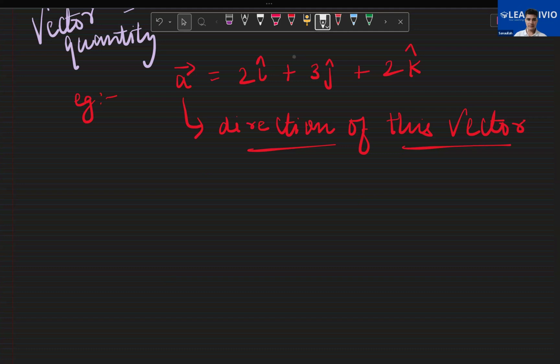Or like 2 by root 17, 3 by root 17, and again 2 by root 17. No, not 7 by root 17. It's 2 by root 17, 3 by root 17, and 2 by root 17 again.